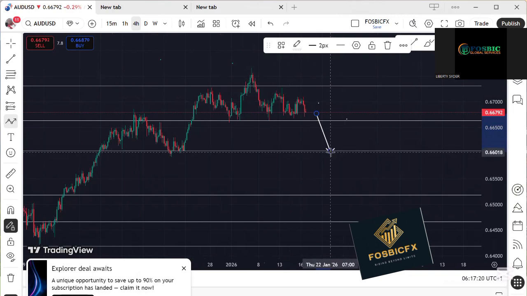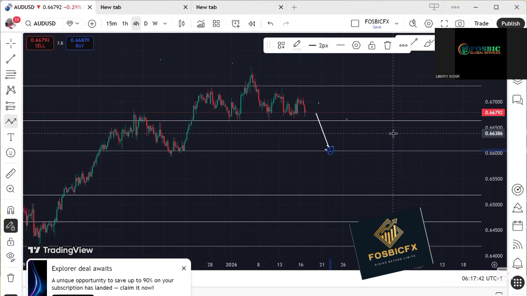You believe that this market is going to change direction once it gets to this point here. From your analysis, you believe that this market is going to keep falling down, but once it gets to this level, it will change direction at that level and start going up.